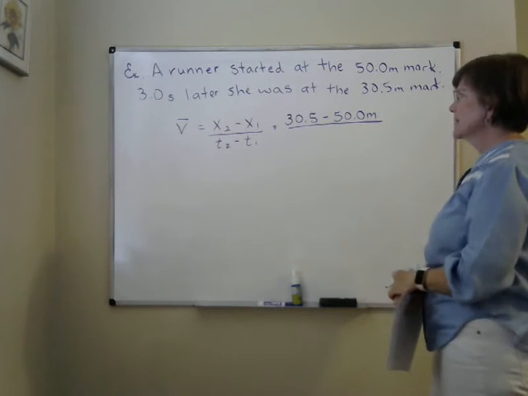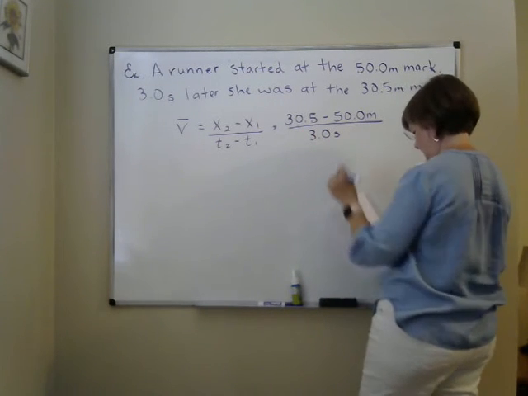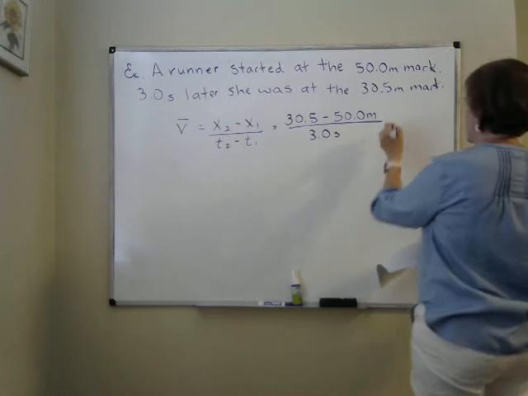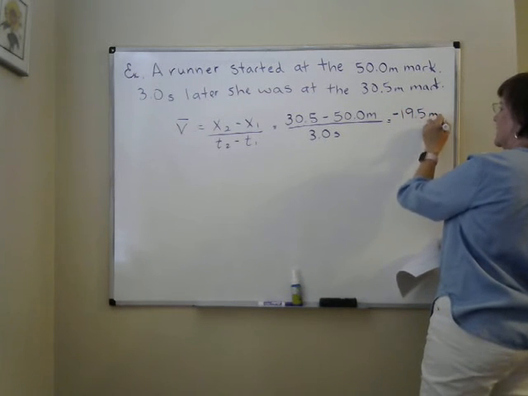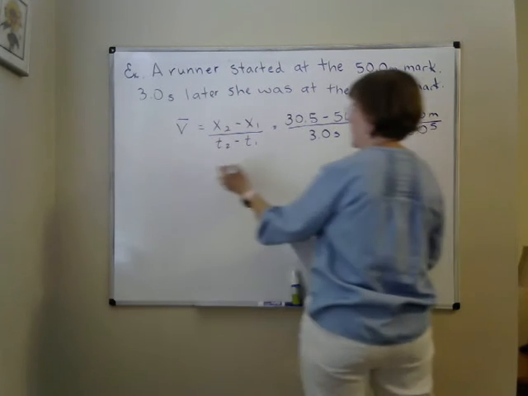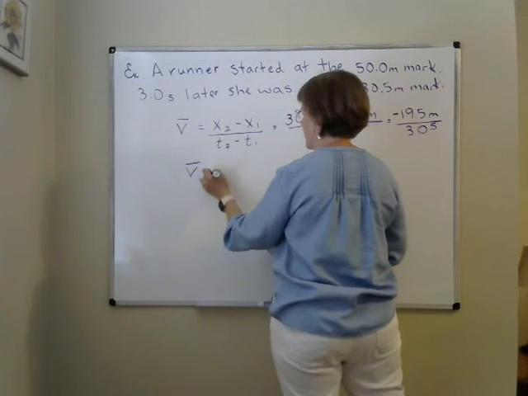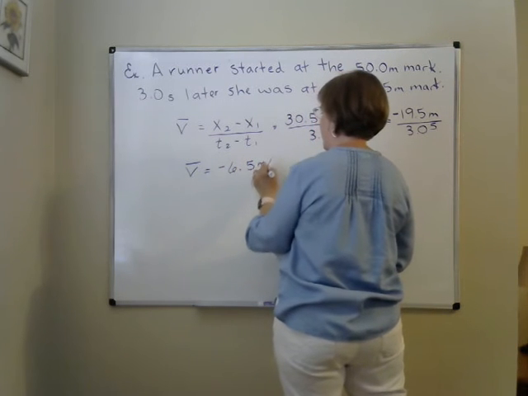And they tell us that the time interval was 3.0 seconds. That's going to be a negative 19.5 meters divided by 3 seconds. Means my average velocity is negative 6.5 meters per second.